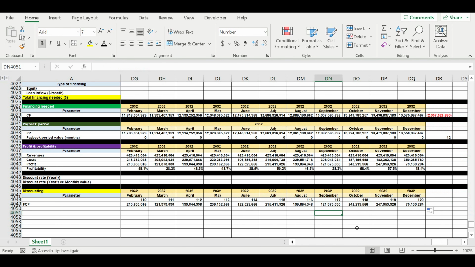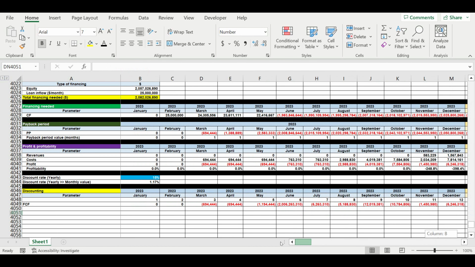Now I need to discount this value. So I will create a new line called discounted cash flow, and I will write a very simple formula.